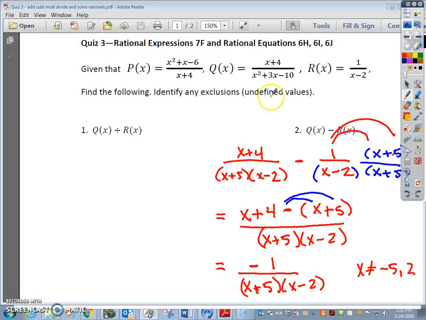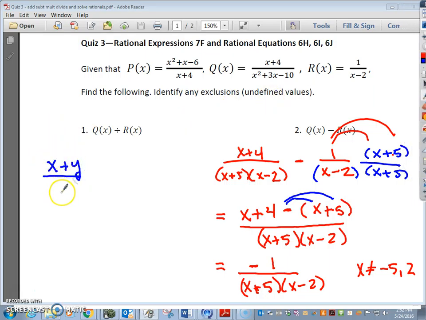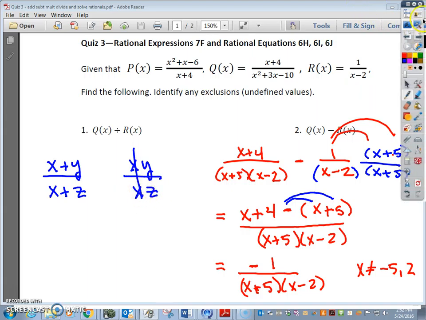A little bit more cleanly, if it said x plus y over x plus z, these two don't cancel out because of the plus. But if it was x times y over x times z, these do cancel out because it's everything multiplied at the top and multiplied at the bottom. Does that make sense?